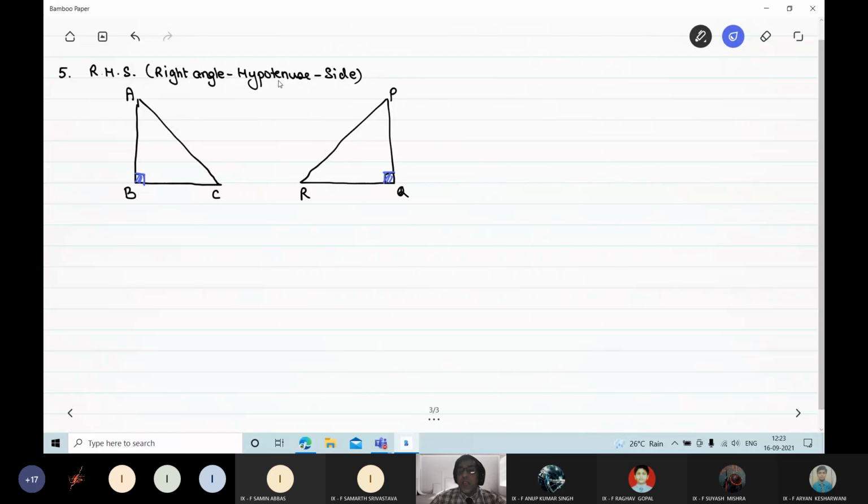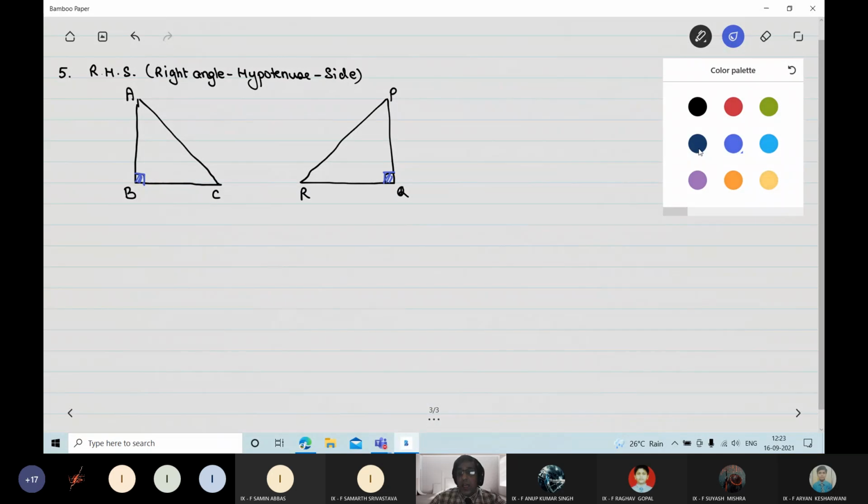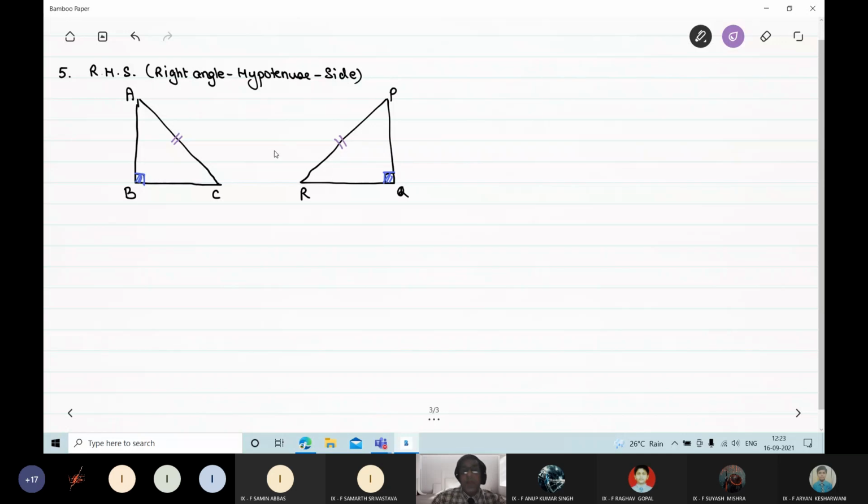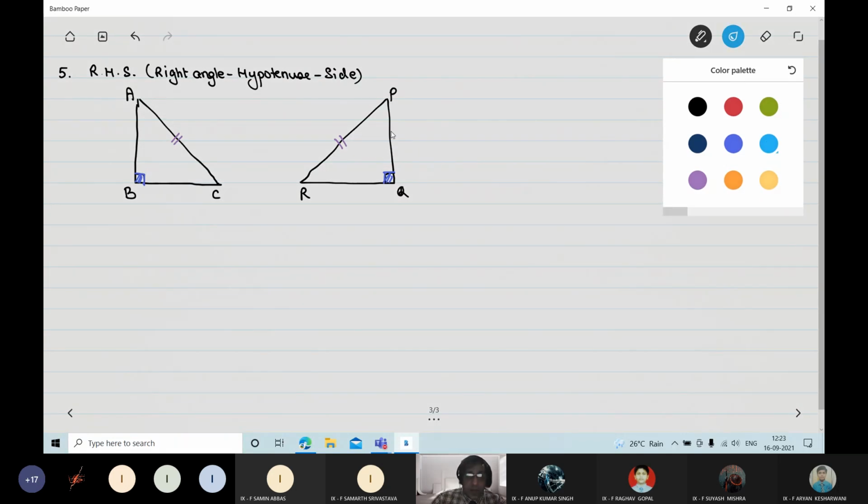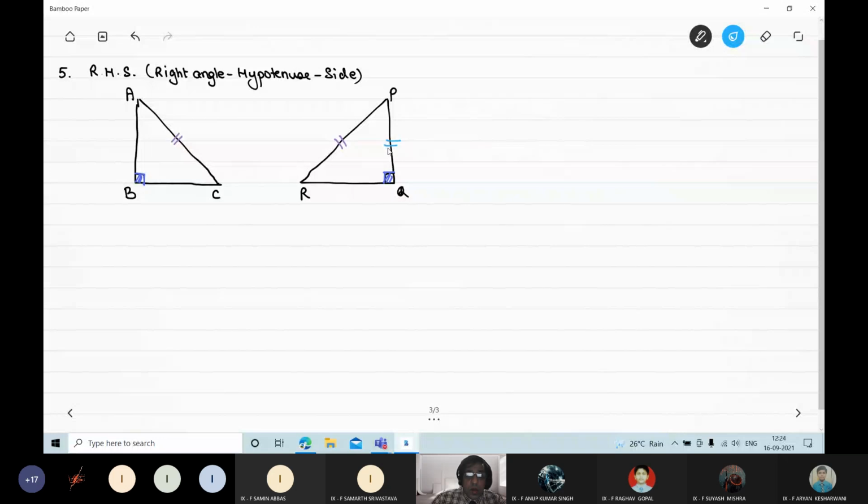The second condition says hypotenuse. So the length of the hypotenuse must be equal. They must be same. And the third is any one side. So either PQ is equal to AB or BC is equal to QR.